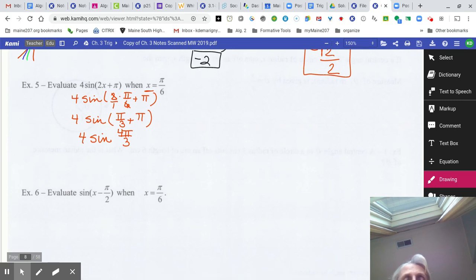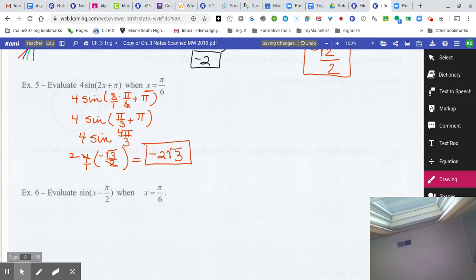So if I'm in the third quadrant, I have 4 times a negative root 3 over 2. And then the rest of it just becomes simple algebra. I'll multiply that by 2. And so I end up with negative 2 root 3 as my value.